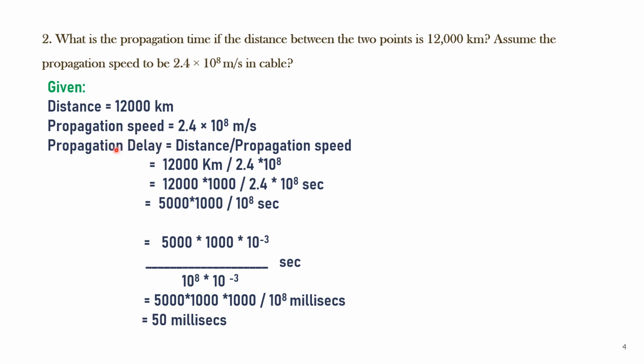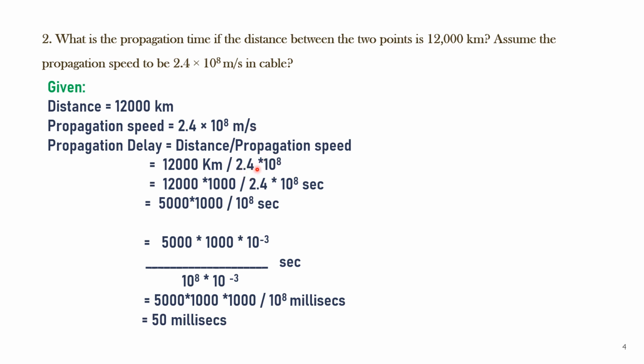What is the formula to find the propagation time? The formula is distance divided by propagation speed. Both values are given in the question itself, so you can directly substitute the values in the formula. The distance is 12,000 kilometers, divided by the propagation speed, which is 2.4 into 10 to the power of 8 meters per second.